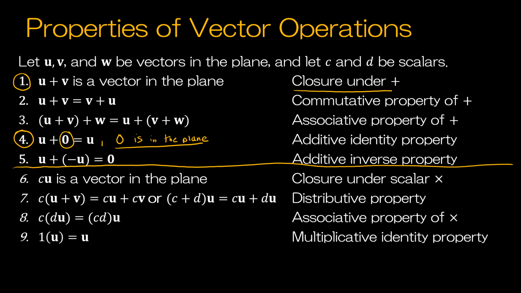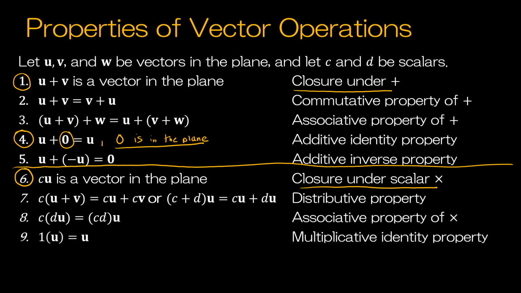One of them is that the 0 vector is contained in the plane, and we're going to skip over the additive inverse property, also important, u plus -u is equal to 0. But 6 is the other very important property that says cu is a vector in the plane, which is closure under scalar multiplication. Now, I point these out because these are the 3 that we're going to talk about in our next part of this video, which talks about vector spaces.